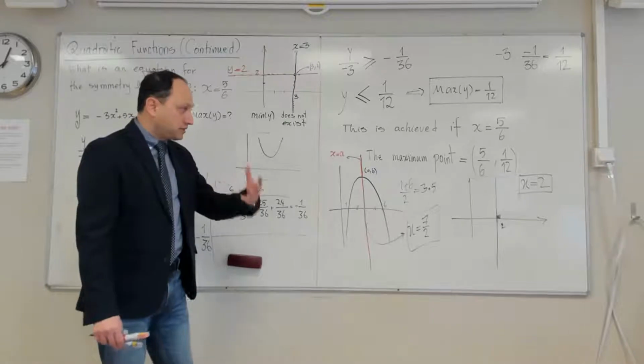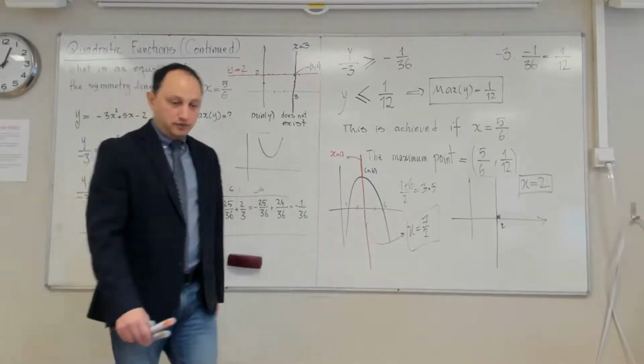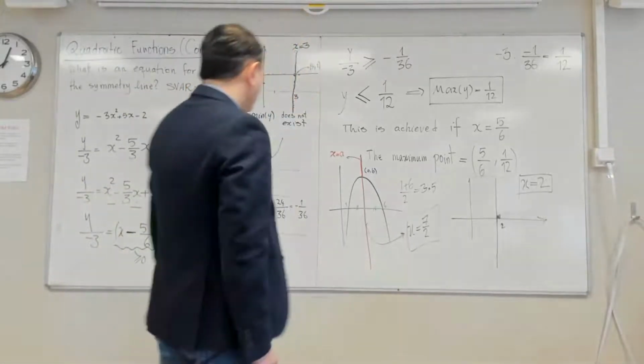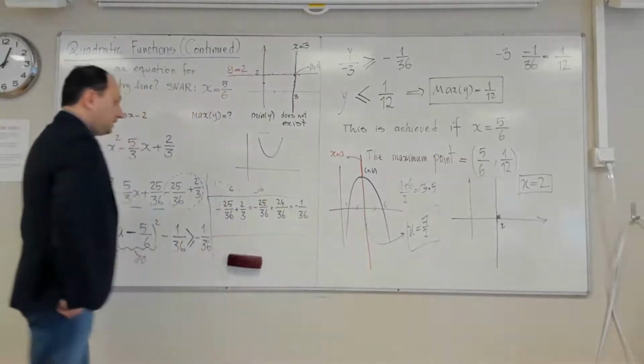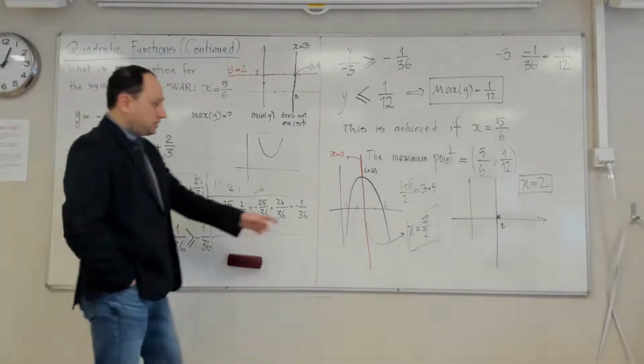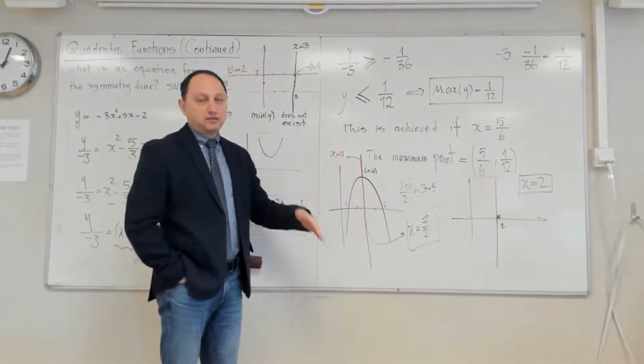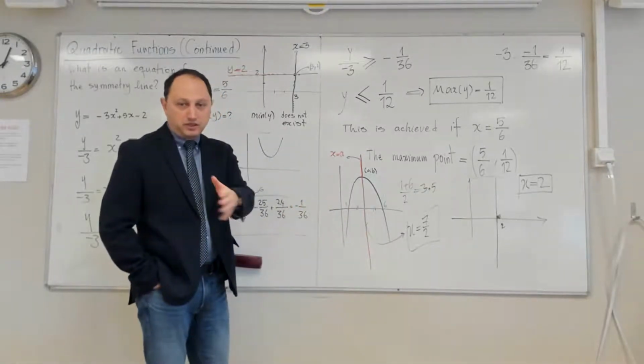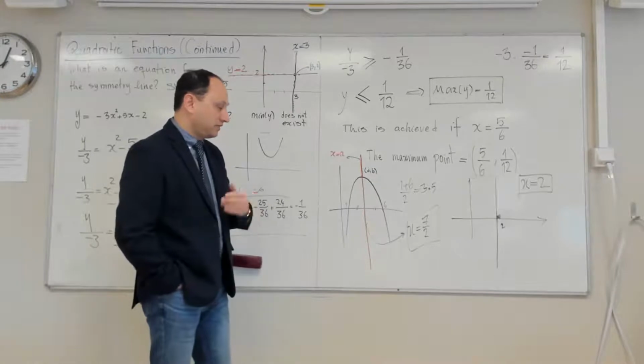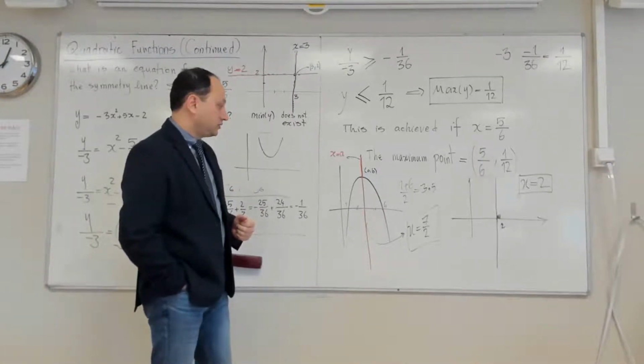So let me just do a review. The new lesson today is to find an equation for the line of symmetry. You need to take this for granted. Of course, it needs to be proven, but this is not beyond the level of the Math 2C lesson.